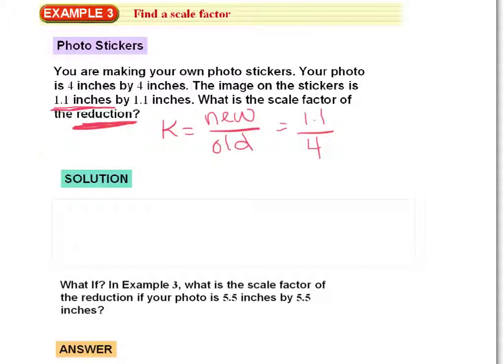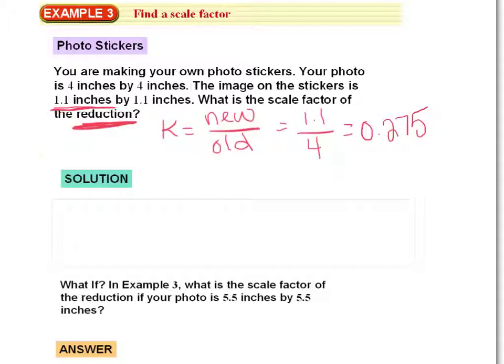So if I put 1.1 over 4 in my calculator, I get a K of 0.275. Now, if you got a K of greater than 1, then that would be an enlargement. And since it specifically asks you for a reduction, you know that you have a mistake with that.